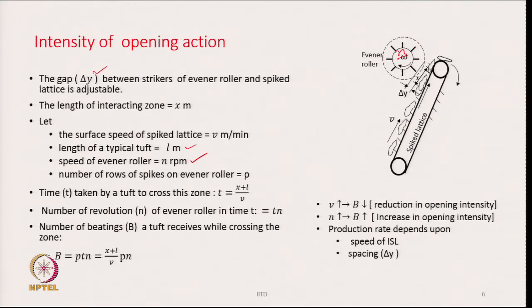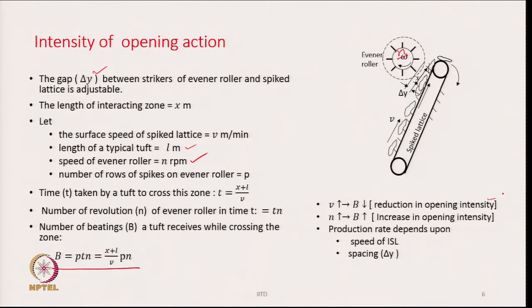Now, from here we can say that if I increase v, that is, if I increase the speed of the spike lattice, the value of B is going to go down. That means a reduction in opening intensity.